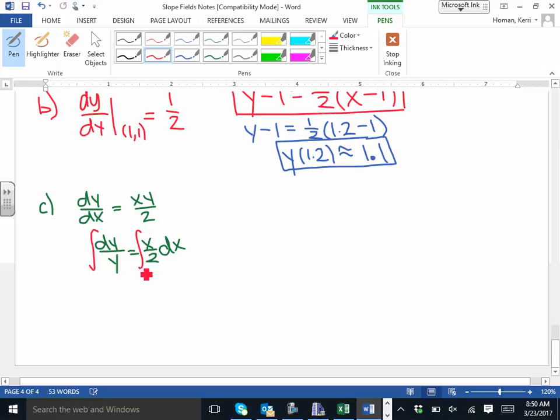Okay? We have about 4 minutes left, so I'm just going to kind of do this without asking you for your help, okay? So the antiderivative of 1 over y is the natural log of y. Antiderivative of x over 2 is going to be x squared over 4, and then plus c.